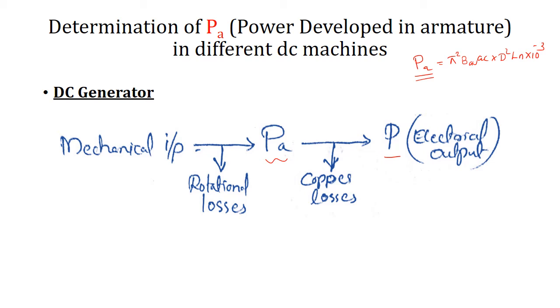So the remaining power after the rotational losses will be converted into electrical power, that is PA, power developed in armature.